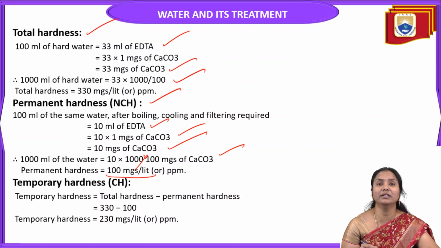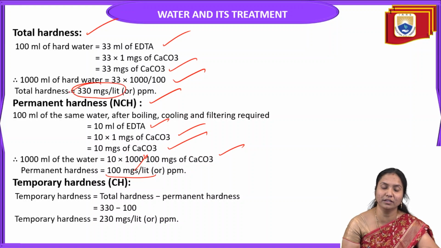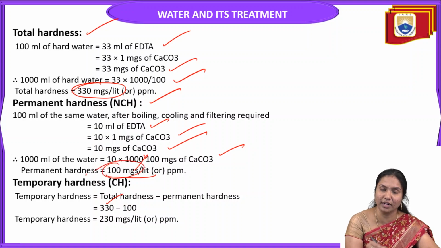So now I can calculate the temporary hardness of water. Temporary hardness is equal to total hardness minus permanent hardness. The total hardness of the given water is 330 milligrams per liter, and the permanent hardness is 100.